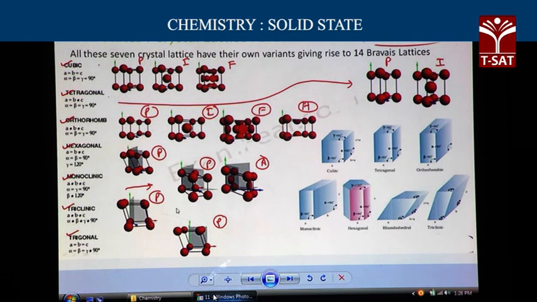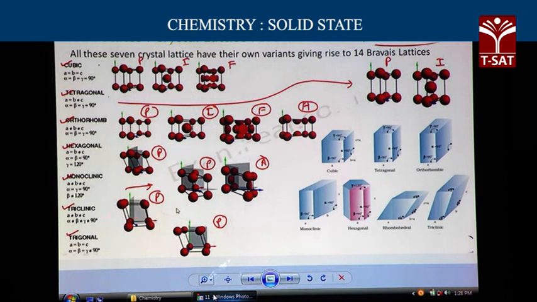So, only one lattice is present. Monoclinic crystal system has two lattices, primitive and this end centered. And the last two types of crystals, triclinic and trigonal, have only one each, primitive unit cells.